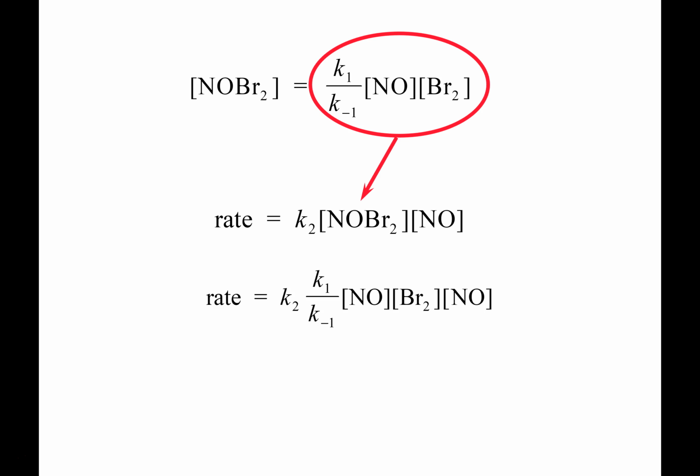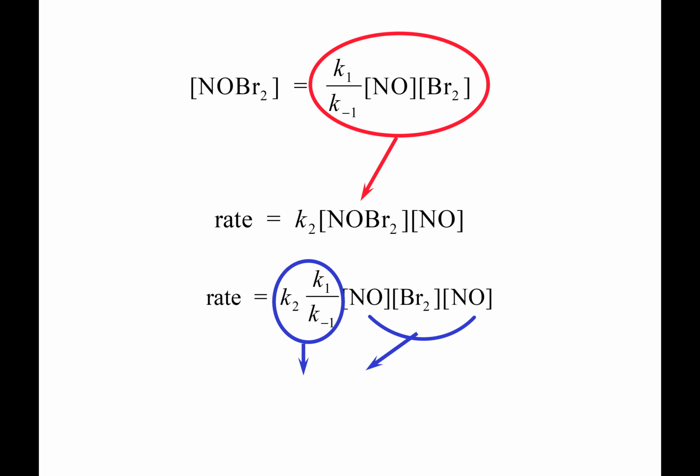Here in a minute, I'm going to take all those K's and make them one big K. But the other thing we have is the molar concentration of NO, the molar concentration of Br2, the molar concentration of NO. Okay? So of course, we're going to combine these NOs to make it NO raised to the second power.